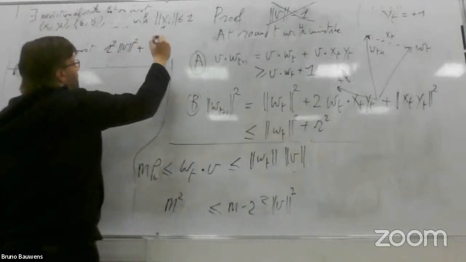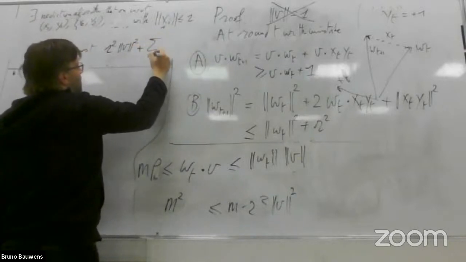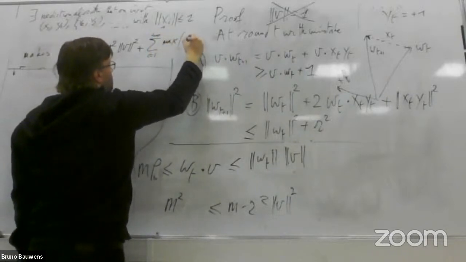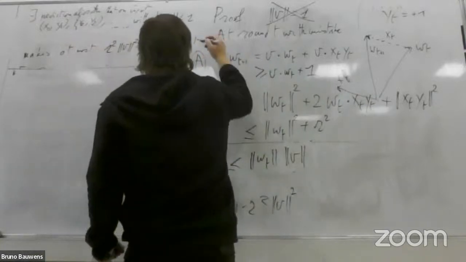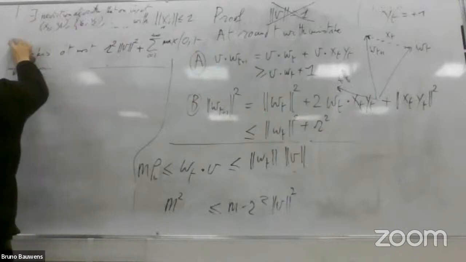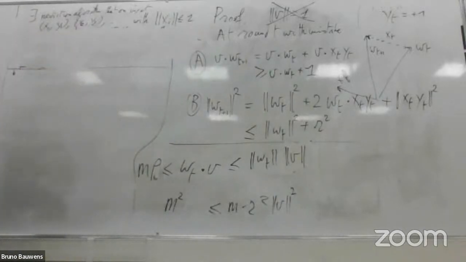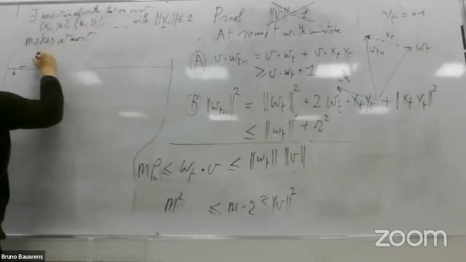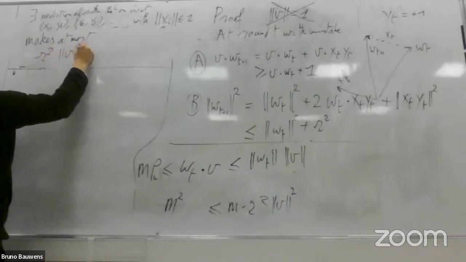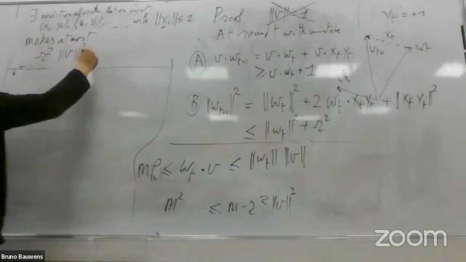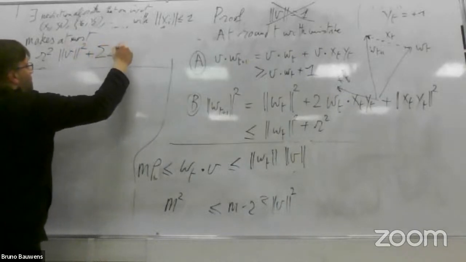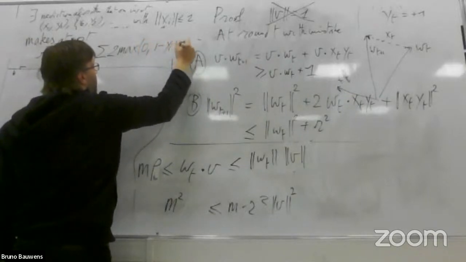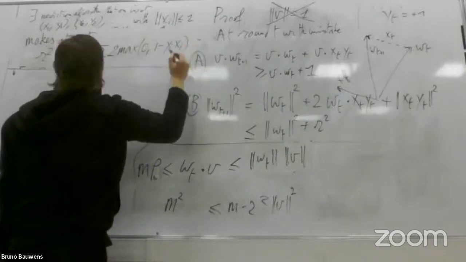We will need to add plus the sum over all i to infinity of max of 0, 1 minus... Okay, I need more space. Right, small, and then R squared norm of V squared plus the sum of 2 times max of 0, 1 minus y_i x_i.